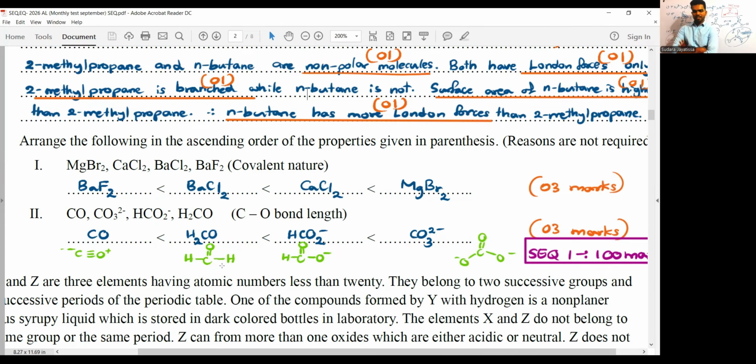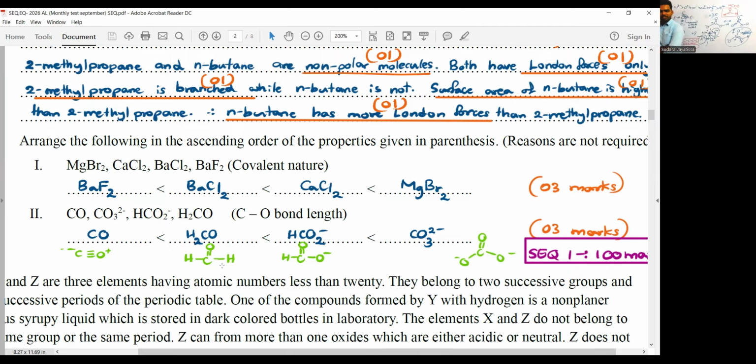And when you get fluorine, chlorine, bromine, you can see their sizes increase, and bromine will have more covalent character. The polarizability is high. You can easily understand that using polarizing power and polarizability. Compare the cations separately and compare the anions separately. Then you can understand that.